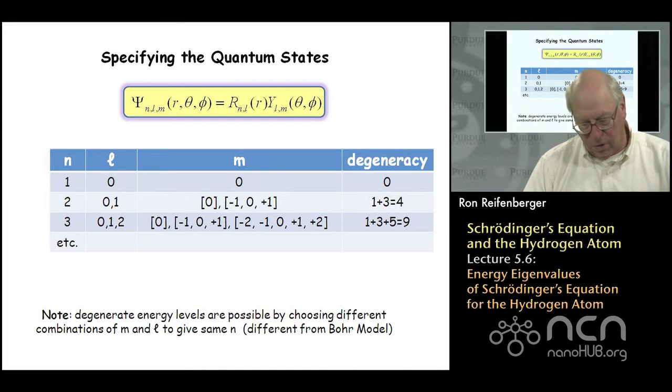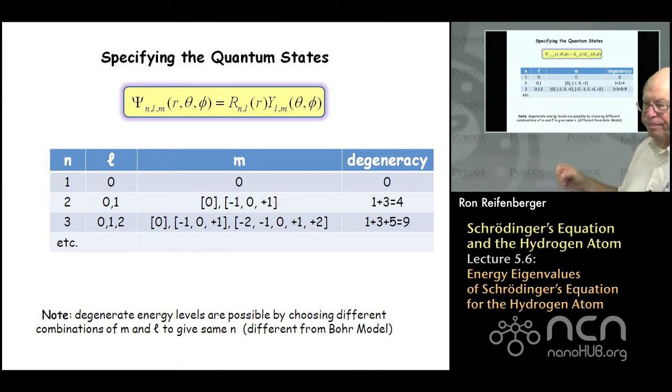Since the energy of the state depends on the principal quantum number n, all the states, for instance, in one row of this table, all those states have precisely the same energy. But for each combination of quantum numbers, you actually have a different quantum state. That's something we have to discuss later on. We'll do that next week.